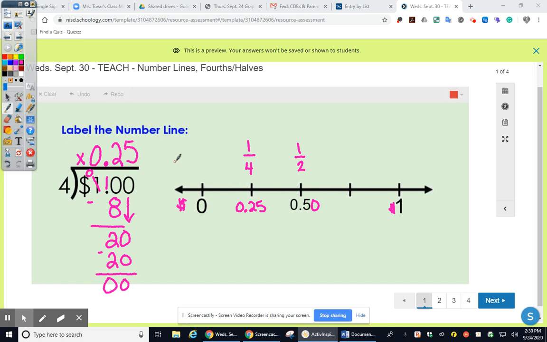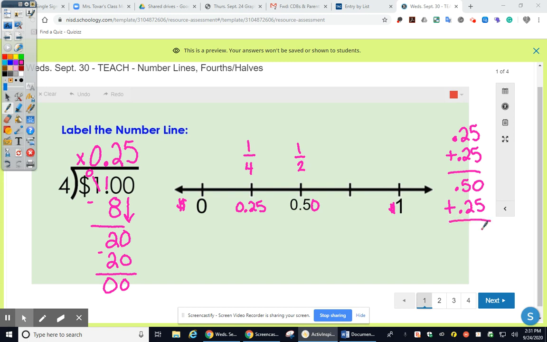Okay, and then here, now we have 0.25. Okay, we know that 25 plus 25 cents is 50 cents, which is the halfway mark. So if we wanted to know the value of the next tick mark here, we could just add another 25 cents.